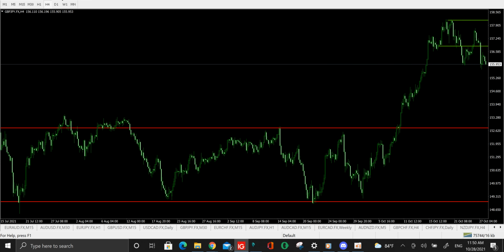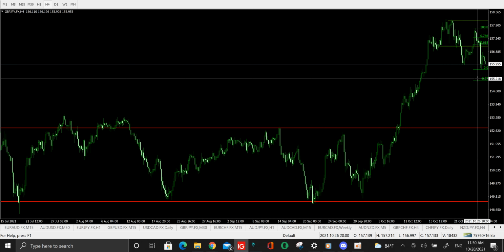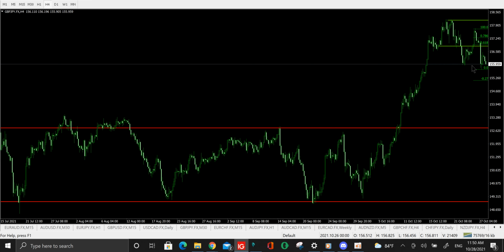So when we place the Fibonacci tool on the chart, we can see that there is a potential target point of 155.2. That's pretty much what these guys are targeting. That's pretty much where I would have my stop loss if I were to go into this trade as a long swing.